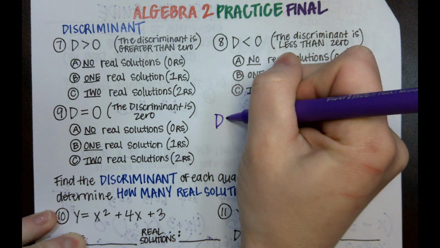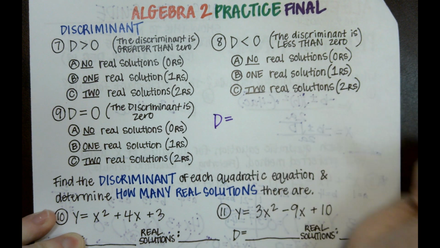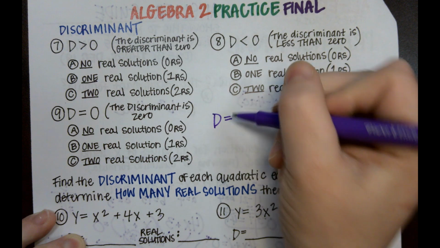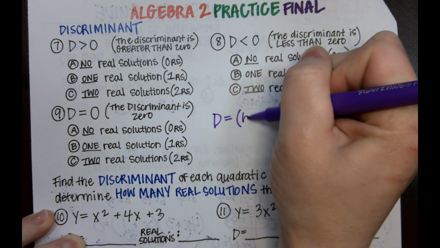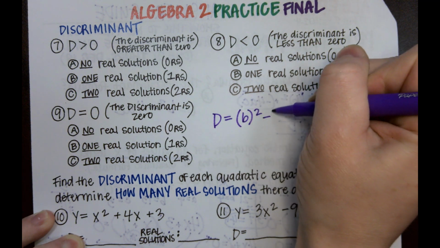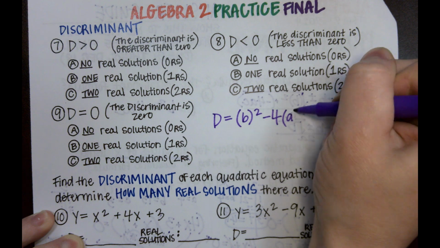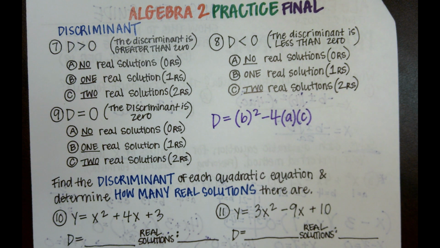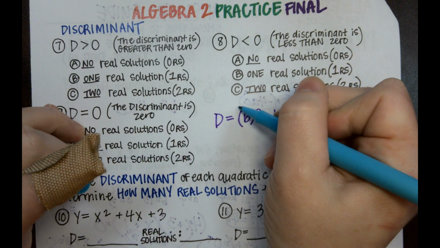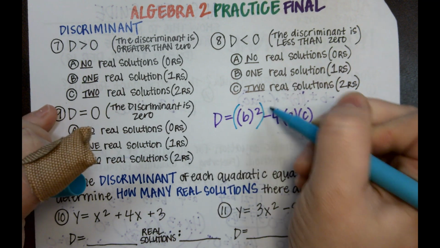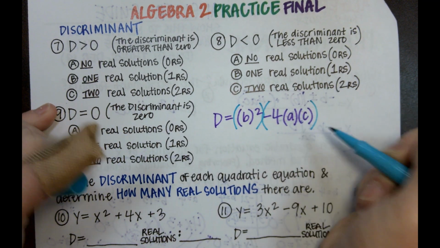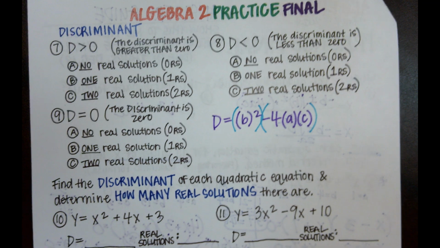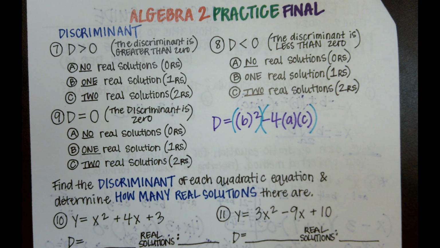I know we wrote it on this page before, but I don't want to flip back and forth, so I'm going to write it again. That's b squared minus 4 times a times c. And remember, the way that we've grouped this is we find what b squared is, and we combine it with negative 4 times a times c. That is the order that we do it in.